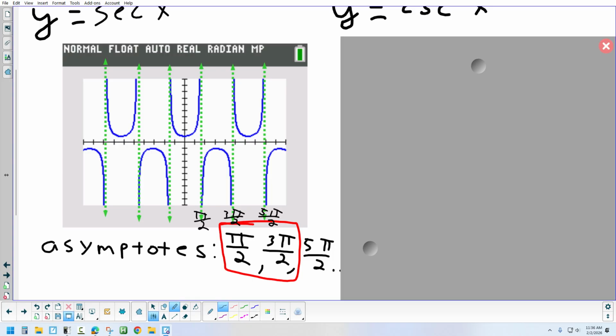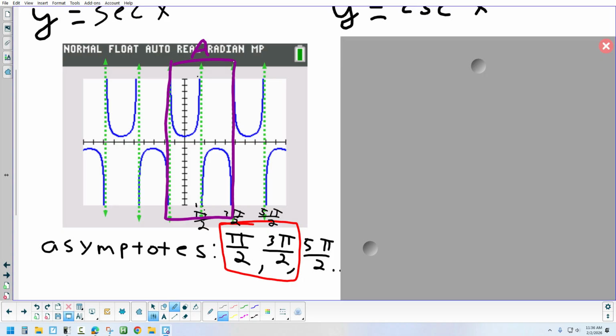Now what we'd have to do is check a value a little bit to the right and a little bit to the left, and you would see on one side it goes way up, on the other side it goes way down. We'll call that section A. That is one full cycle of secant, what you're seeing in that purple box.